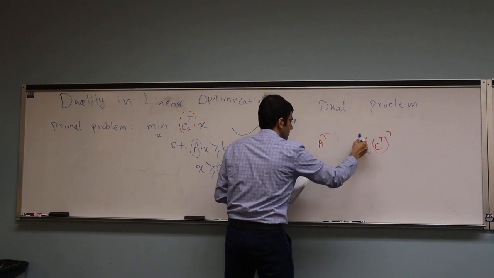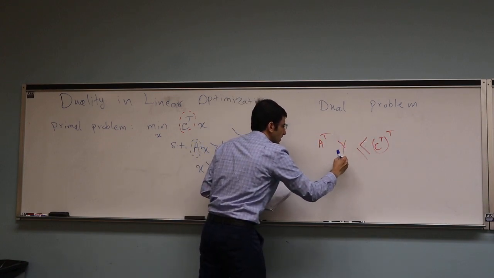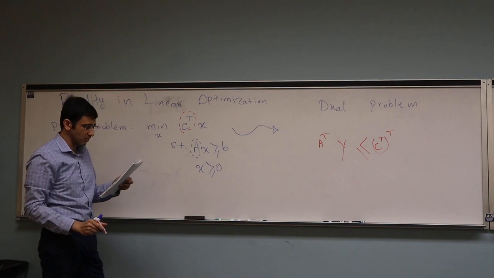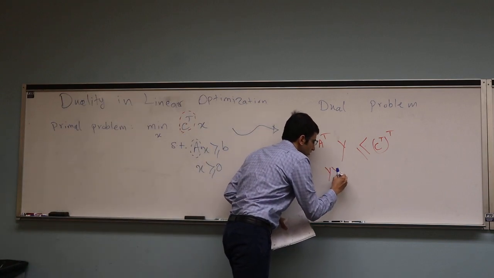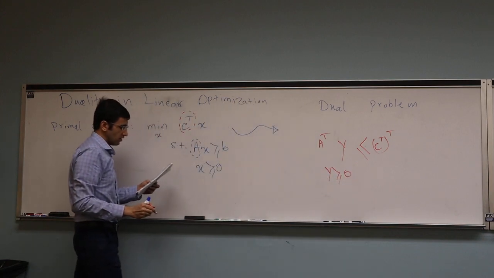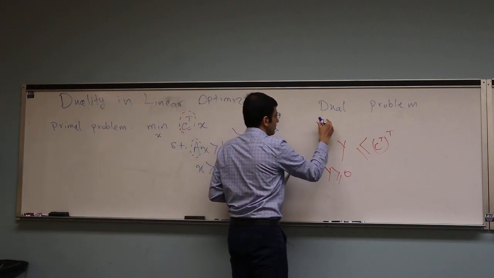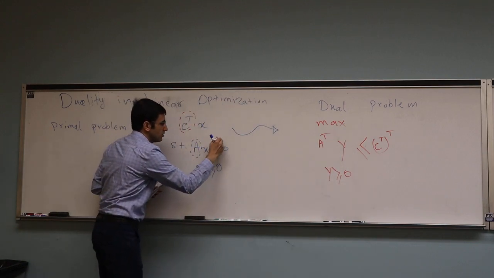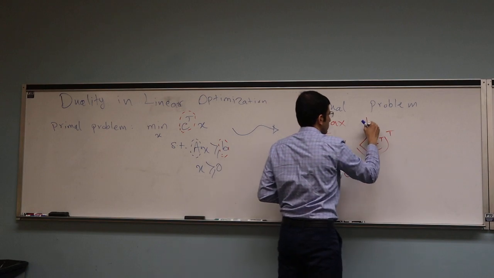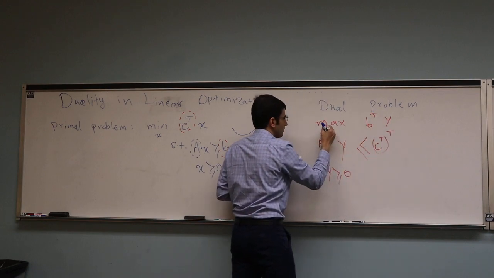Then we will have an inequality constraint here. The new variables for the dual problem are y. All of the y's should be positive, and the objective will be maximizing B transpose y. So our variables are y.